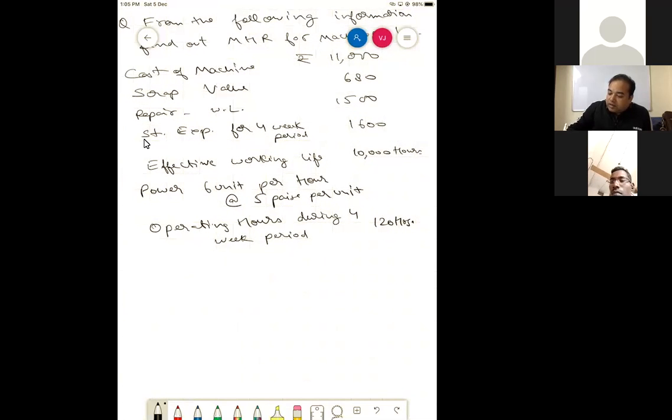Now some other information is given. There are 40 machines in the workshop, and each bearing equal overhead charges. So now you have to compute machine hour rate for this.